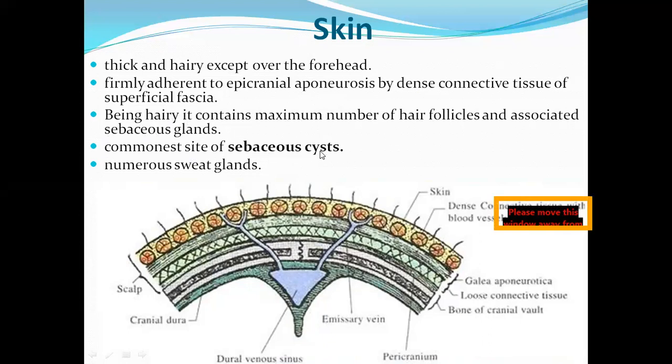Our hair is always oily, though we take a head bath, second day, third day, again it feels oily. Why is it so? Because in the scalp we have a lot of sebaceous glands, oil secreting glands, which keep the scalp in oily condition. Sometimes if they get infected, you call that condition a sebaceous cyst.